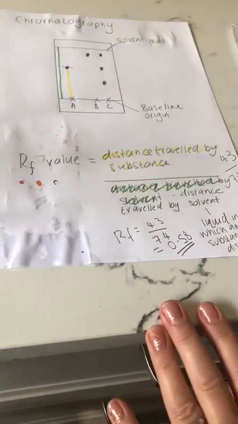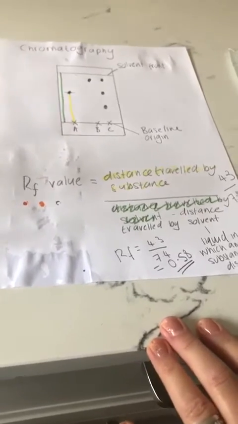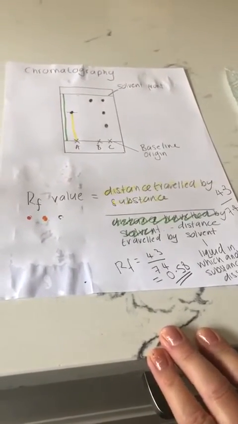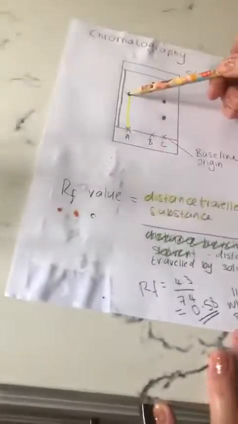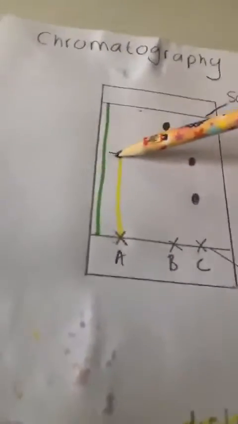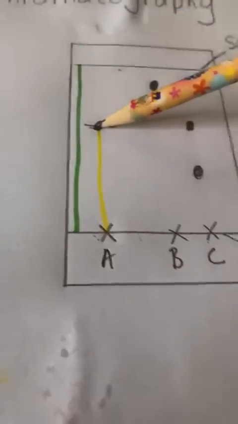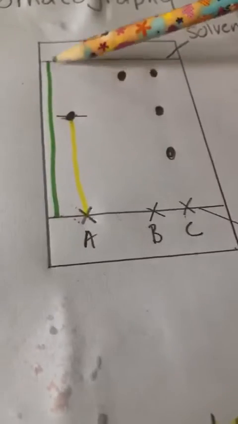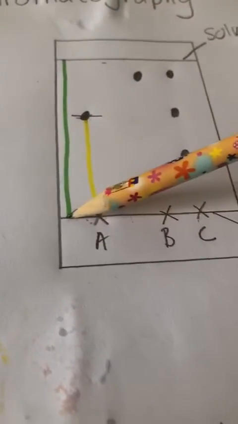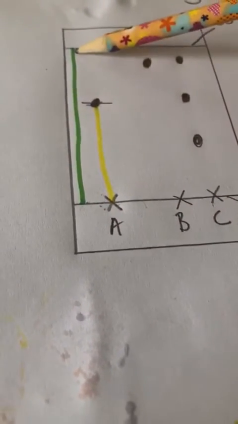And that is all you have to do in your exam. You just need to measure the distance travelled from the origin to the centre of the spot they've asked you to calculate the RF value for. Then measure the distance travelled from the origin to the solvent front, so the distance, in this case, the water moved up the paper.